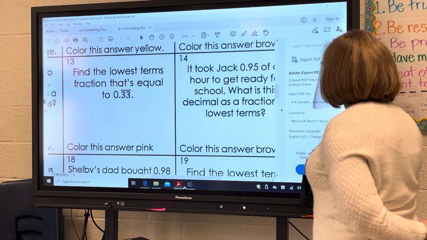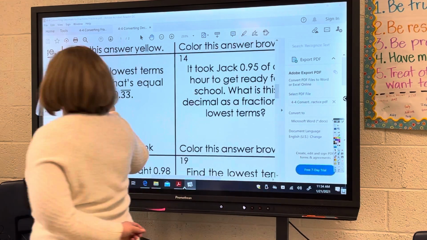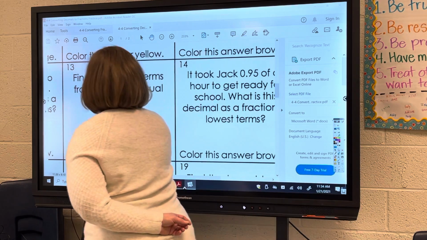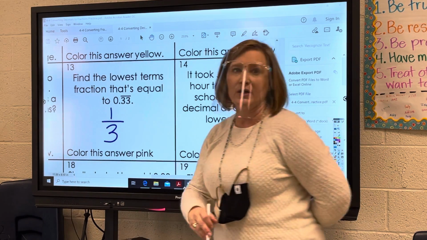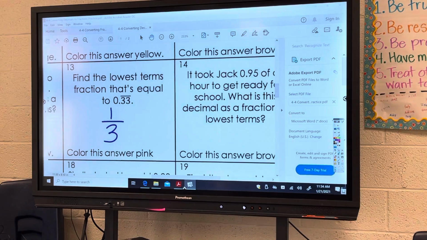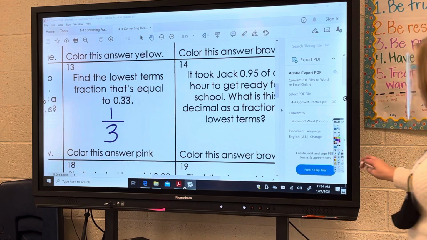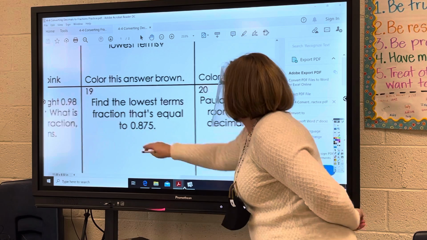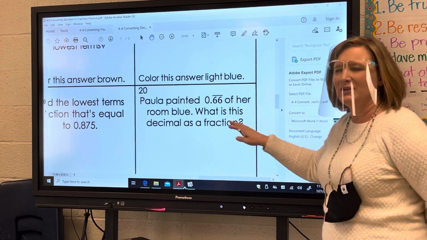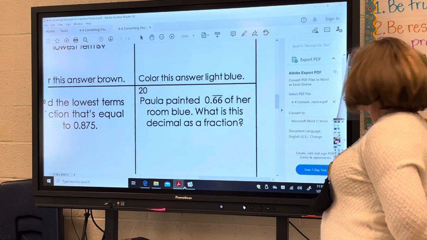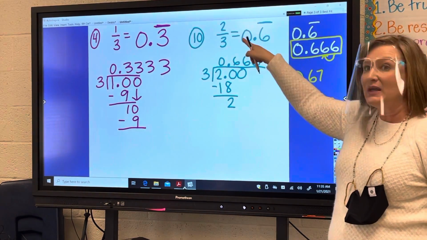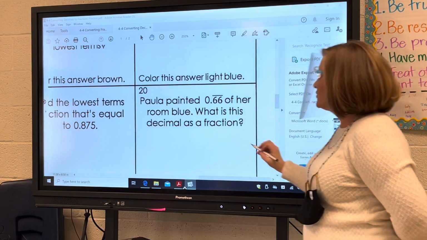Okay. So number 13, the fraction for the 3 repeating is 1/3. The 3 repeating is 1/3 all day long. Number 20 is 2/3. So what is that fraction? Oh, wait a minute. It's 6, 6, 6, 6, 6, 6, 6. So we did that work on the last sheet. And if we have a 6 repeating, what's the fraction? 2/3.